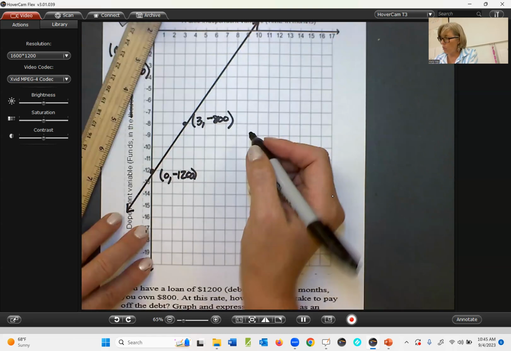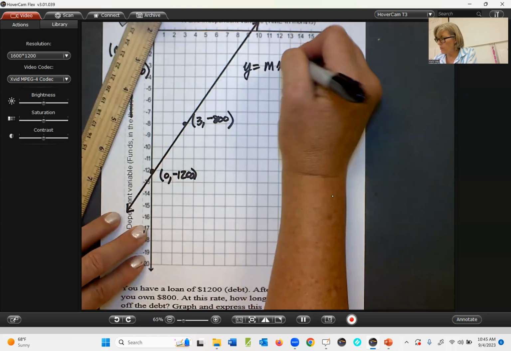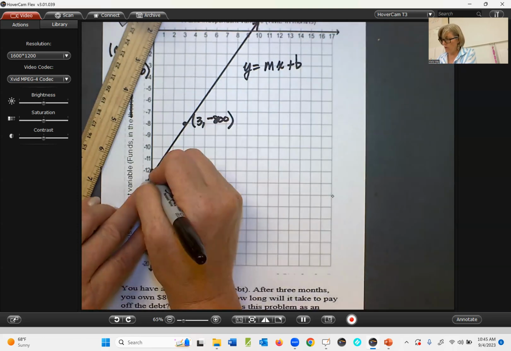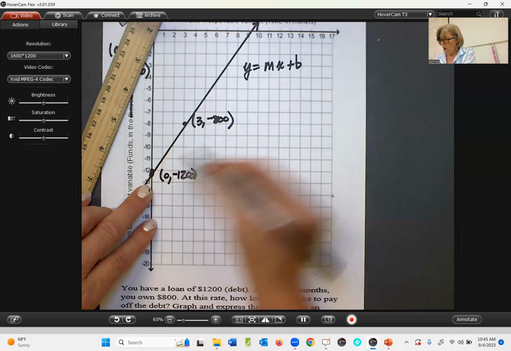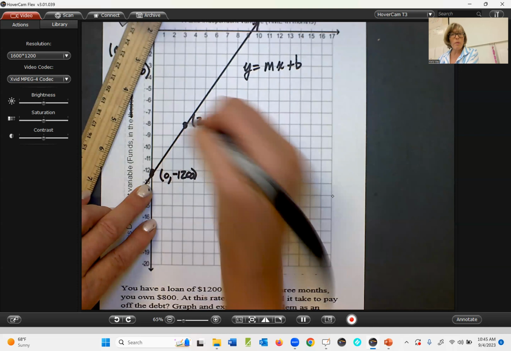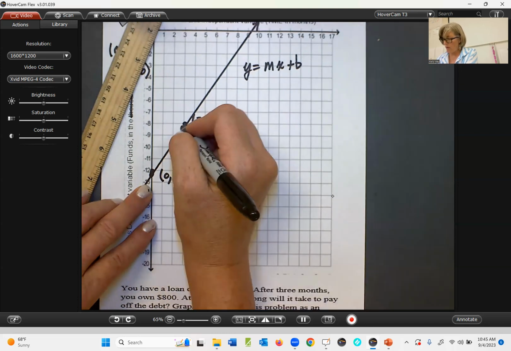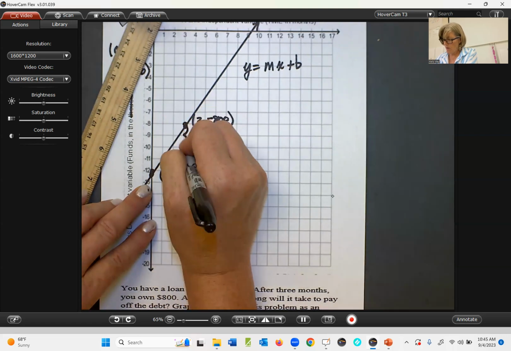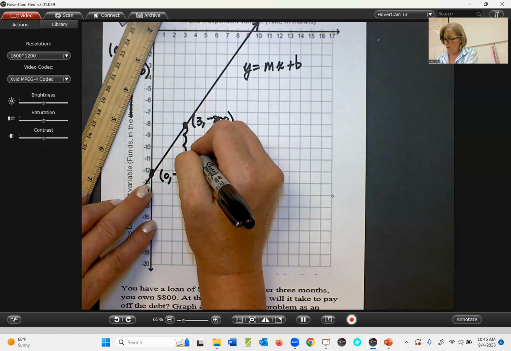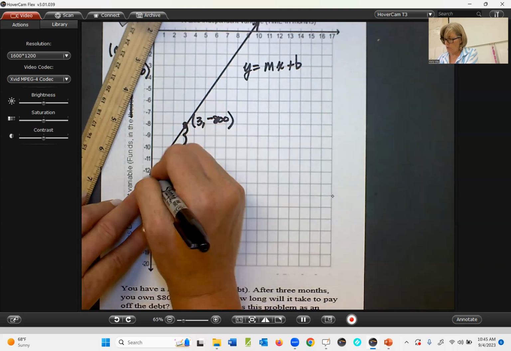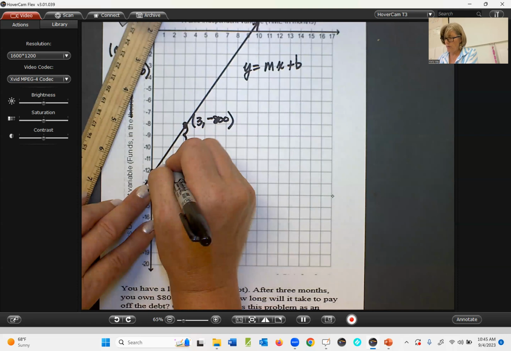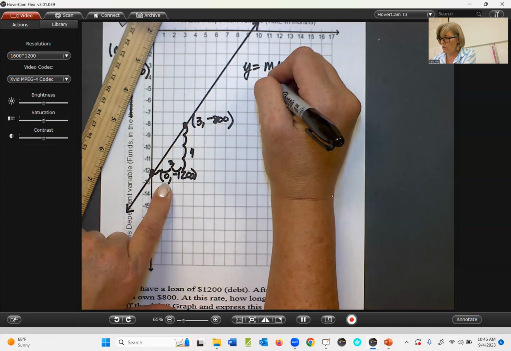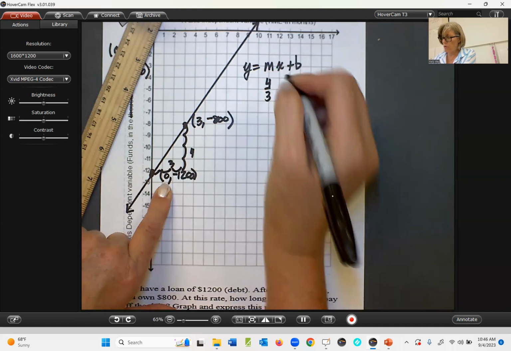So we're going to find the Y equals MX plus B. Right here, we're going to find what our M is by finding our rise over run. Our rise, that's 4 units to 3 units. So that means our slope is going to be 4/3.